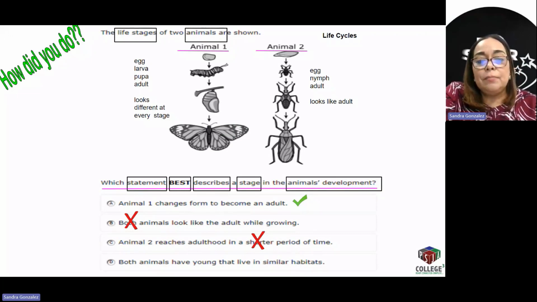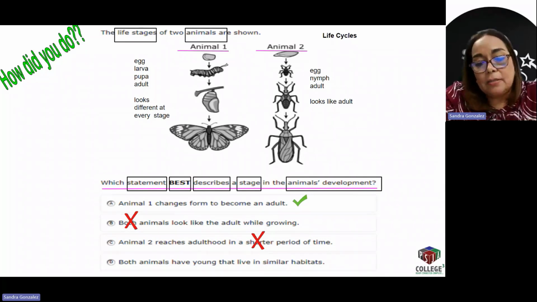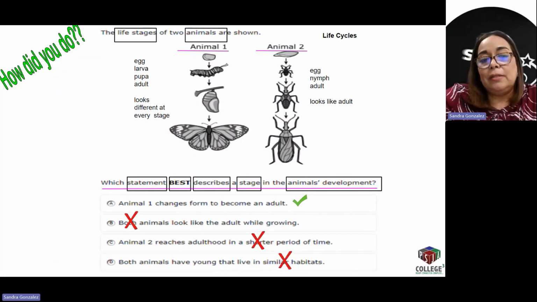On letter D, both animals have young that live in similar habitats. Do we have enough information to say that they do? Maybe, but no, right? In this case, we have to emphasize the word best, and the best answer here is animal 1 changes form to become an adult.